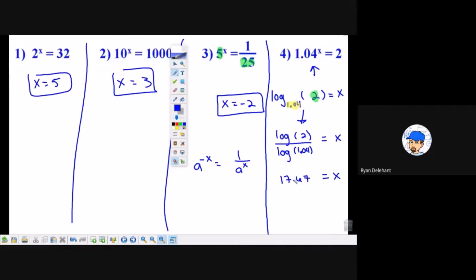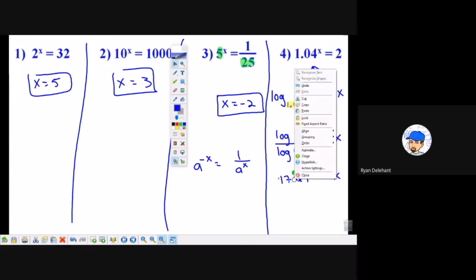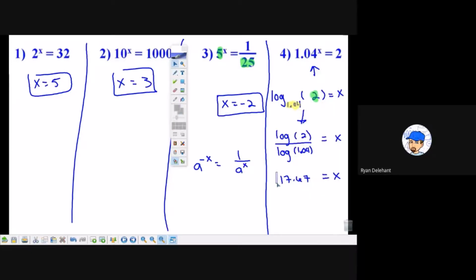If you had tried to guess that, I just don't think that you would have made it to that number very easily. And you can prove that what we've done just works by actually plugging this back in. If I go to Desmos and I plug in 1.04, and now I know its power to the 17.67, let's look at what it equals. If we solve this problem correctly, it should be 2 or really, really close to 2.